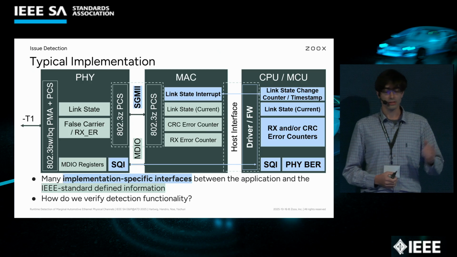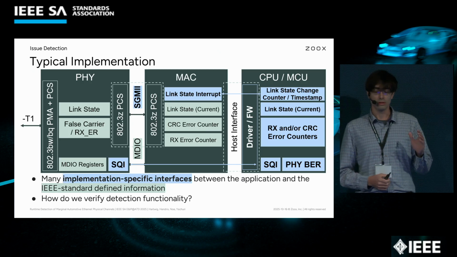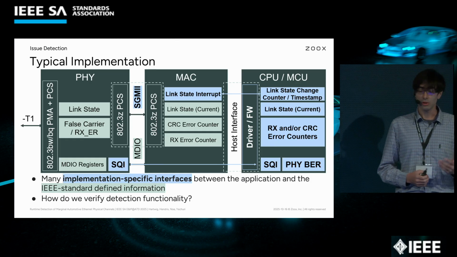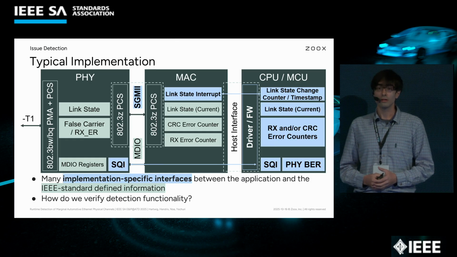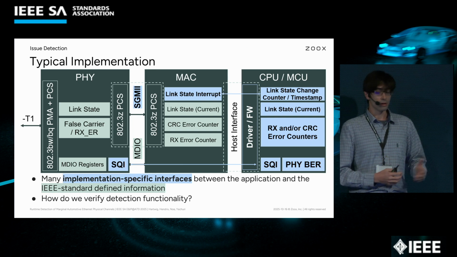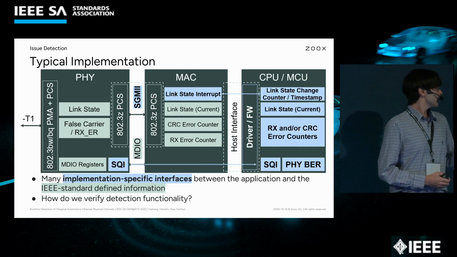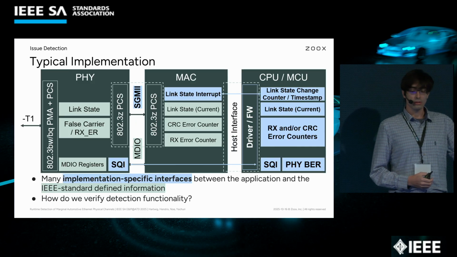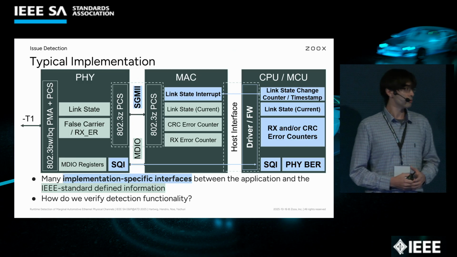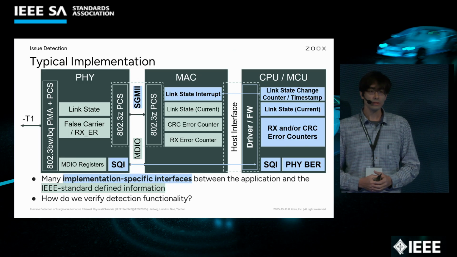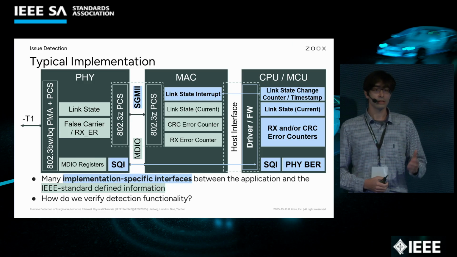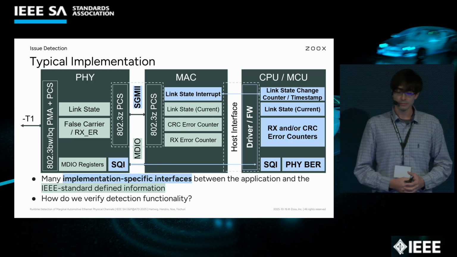But then we need to look at how the access to these link data pieces is defined. It turns out that in most cases, they're fairly implementation specific to the driver or the firmware. Here we have that shown as, say, the application running on top of the driver on the CPU or MCU on the far right. All of the information that we're looking for is shown in blue, meaning that it's implementation specific.